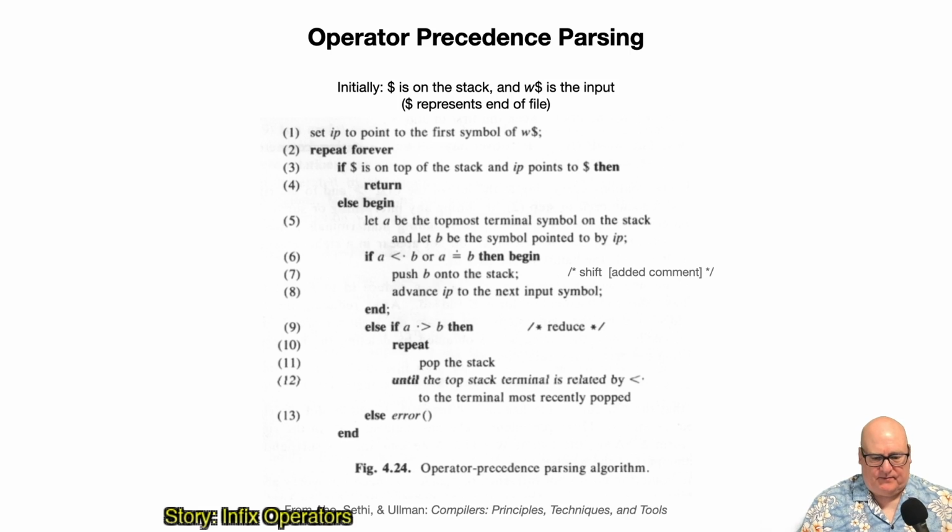Basically, I think our strategy is going to be, we'll take those rules on the previous slide and build a table. And the table is the relationship table, the A less than B or A equal B or A greater B or error. Build that table and then feed it in with this algorithm.